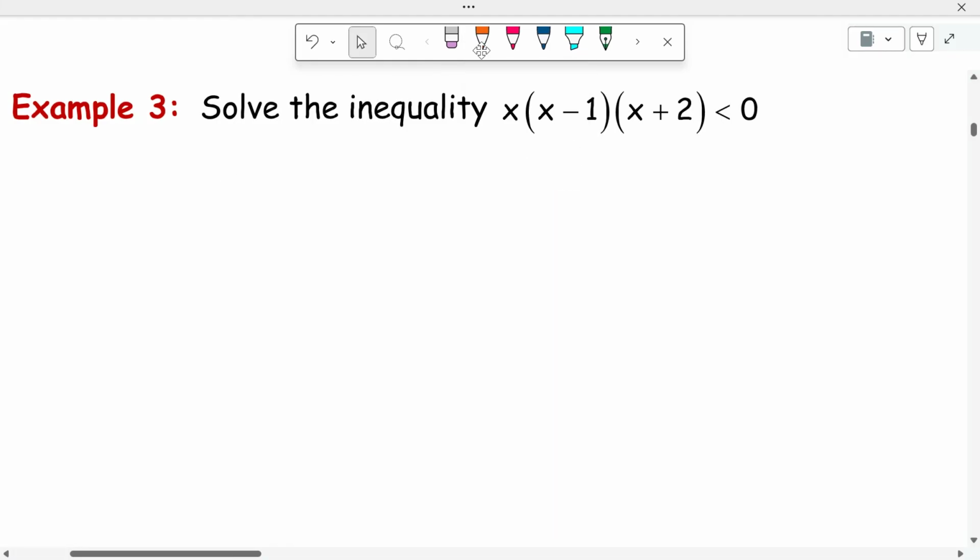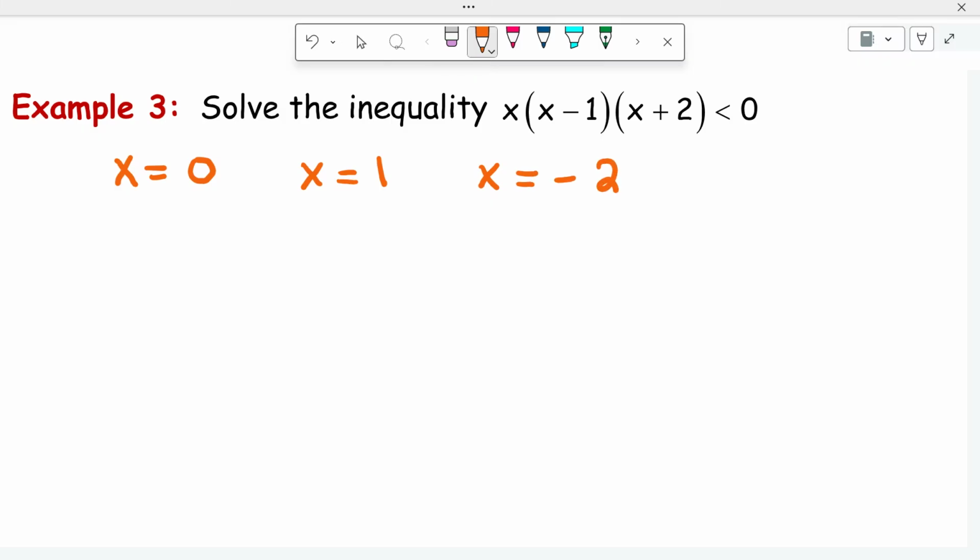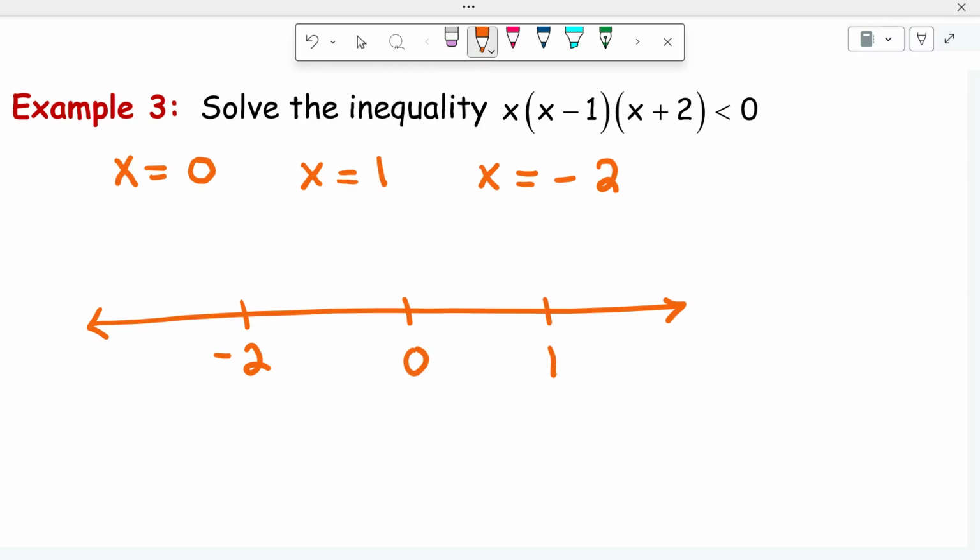So then you would get your critical numbers. The first one's going to be x equals 0. The next one is going to be x equals 1. And then the next one is going to be x equals -2. All right, so now put them on the number line and do your tests. -2, 0, 1. Doesn't have to be drawn to scale.